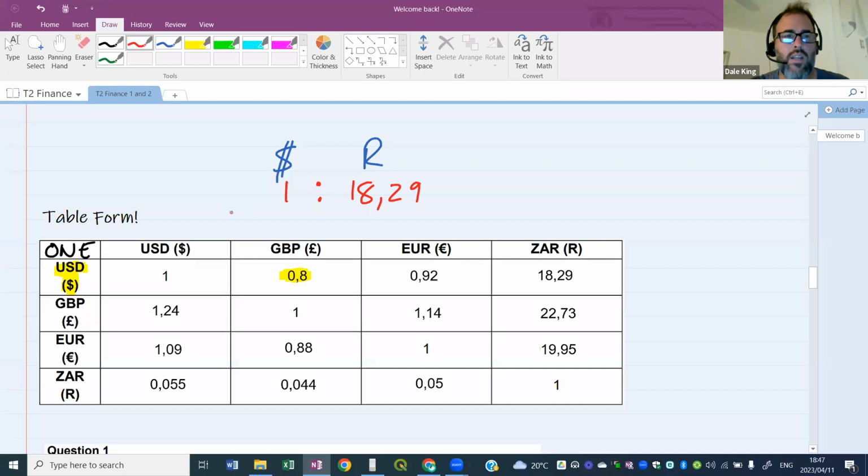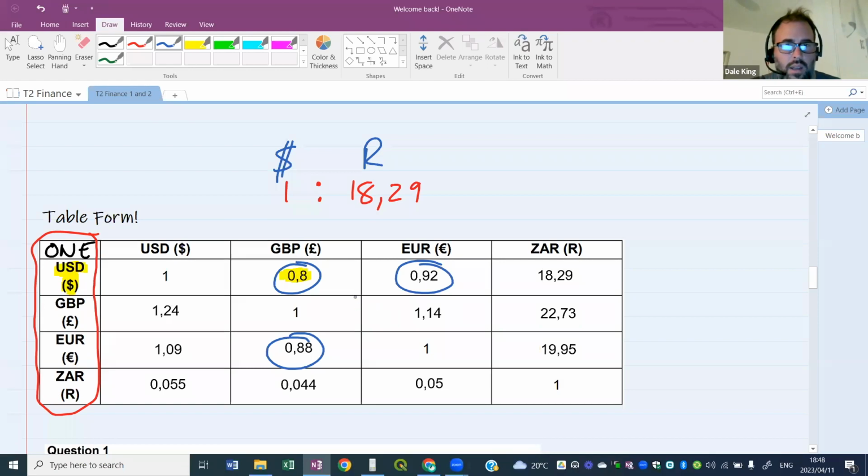Okay, so in our table here, when we are seeing 0.8, 0.88, let's not look at the rands, 0.92 here, those little numbers, they mean those currencies are actually stronger. Okay, because you don't have to pull out a whole number to buy one of these ones on the left here. Okay. So you've got to think very carefully about how the ratio is expressed.